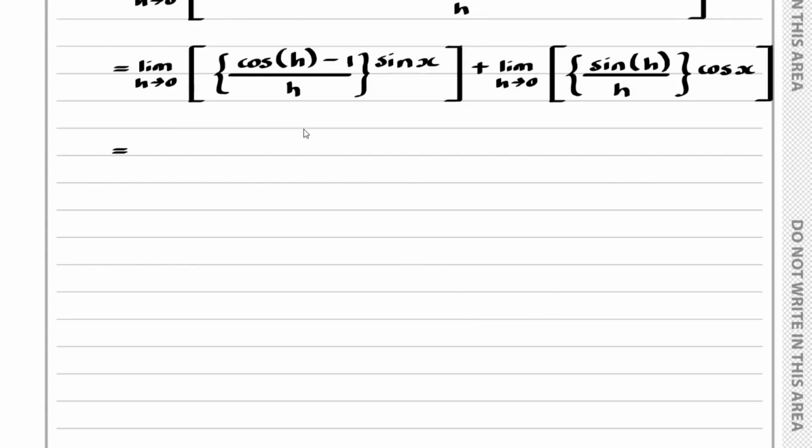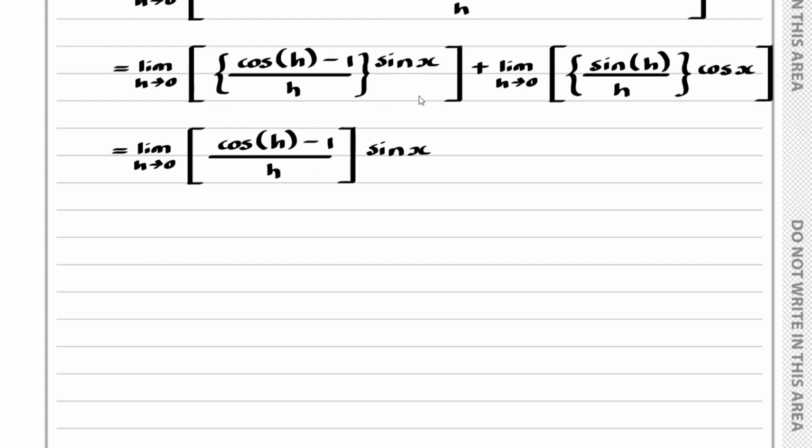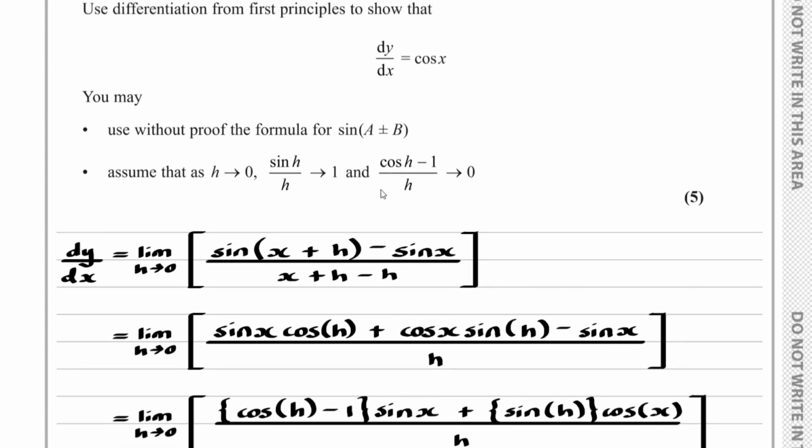So if we work through this, we've got the limit as h tends towards 0 of cos h subtract 1 over h multiplied by sin x, plus the limit as h tends towards 0 of sin h over h multiplied by cos x. And what we have to do is use these results here.